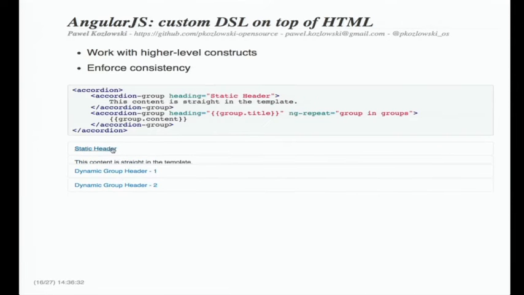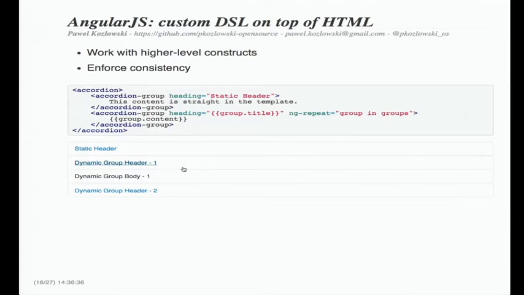Another example is a higher-level structure where we start to have multiple directives working together. Once again, this is so much more convenient to write, right? We could go on and on with those, and the sky is the limit here. Our own imagination only limits what we can do with directives.